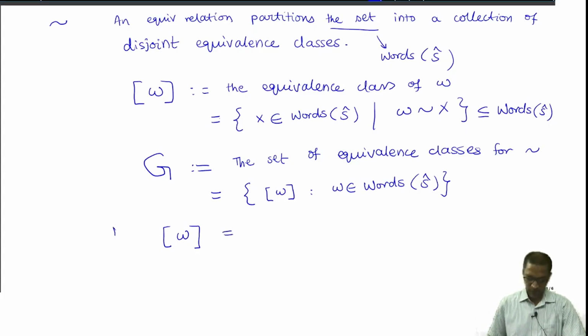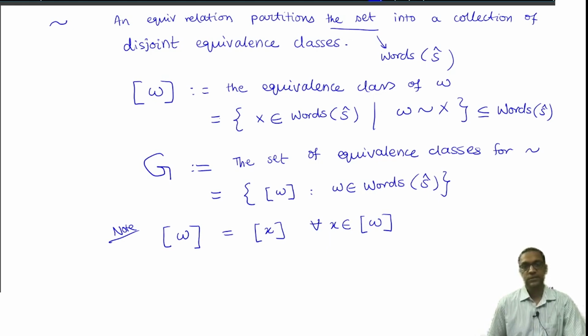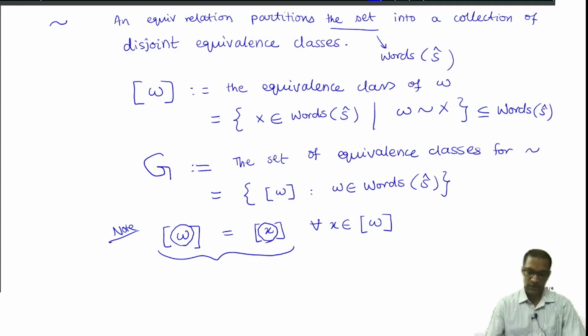The following is true: if I pick another element X from the equivalence class of W, then the equivalence class of X is just the same as the equivalence class of W. In other words, both sides represent the same equivalence class, but the elements that you pick to represent it, in this case W and X, can very well be different. So that's something to always keep in mind when dealing with equivalence classes.